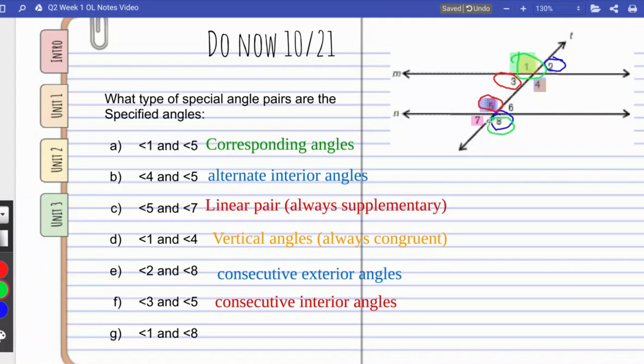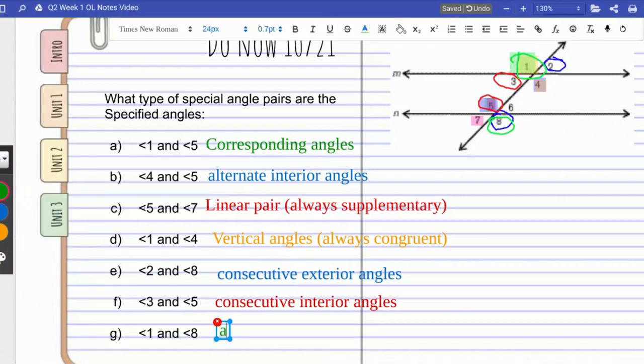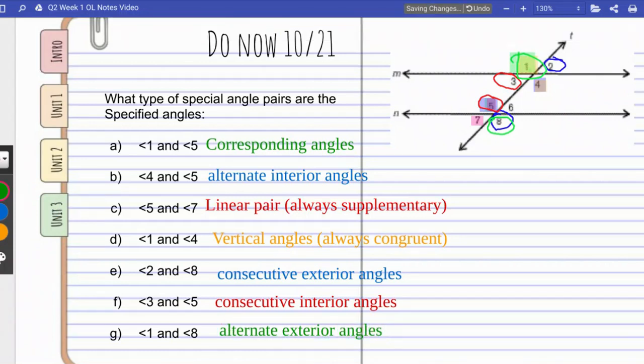Well, those are on opposite sides of the transversal and they're exterior. So those are called alternate exterior angles. Hopefully you remember these pairs from yesterday and you studied your Quizlet.